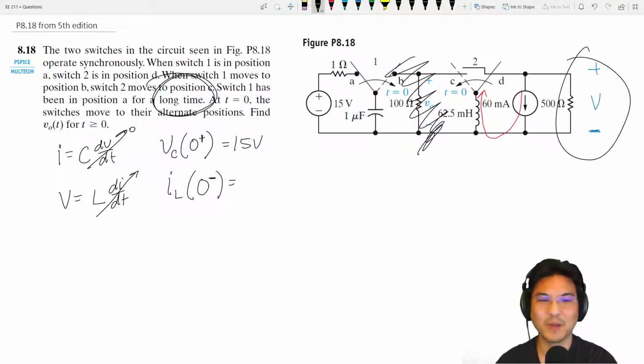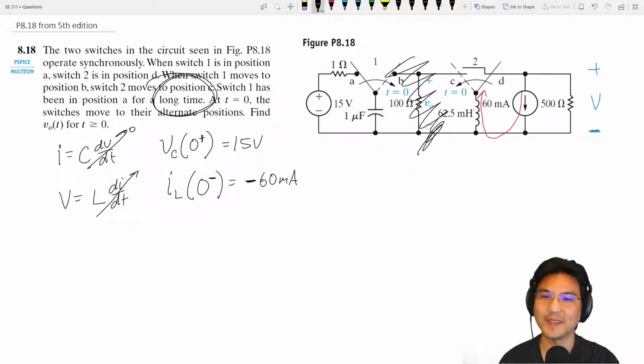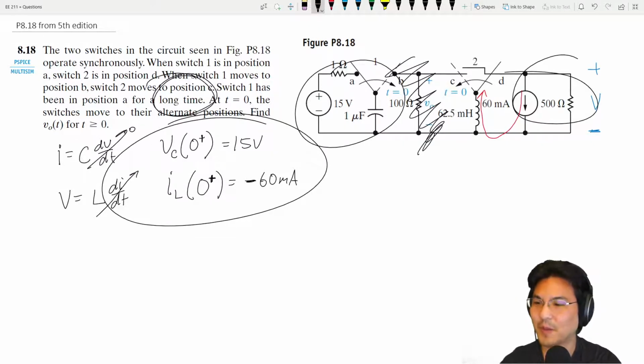And if I label it this way, then I'll call that negative 60 milliamps. And then the current through an inductor cannot change instantaneously. So if it's negative 60 milliamps before we hit the switch, it's going to be negative 60 immediately after we hit the switch. Okay, so we got these two from this and this.